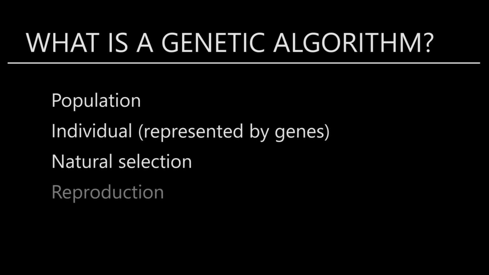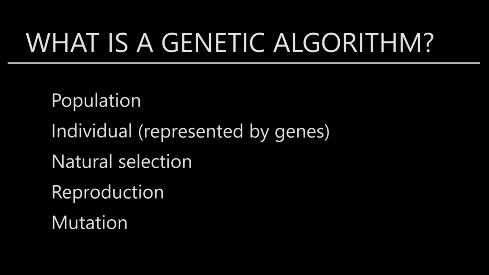Their genes get carried over to their children when they reproduce, and when a new individual is born, there's also a chance that a mutation might occur, which means that one of their genes is changed to something new, something that didn't exist in either of their parents. By repeating this whole process over and over again, the overall fitness of the population improves over time, and this is what is called evolution in very general terms.